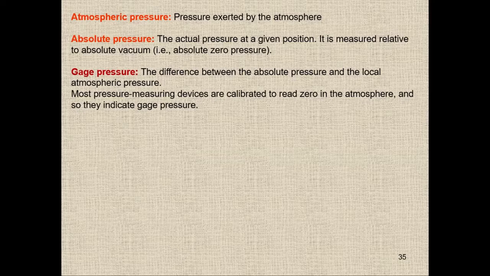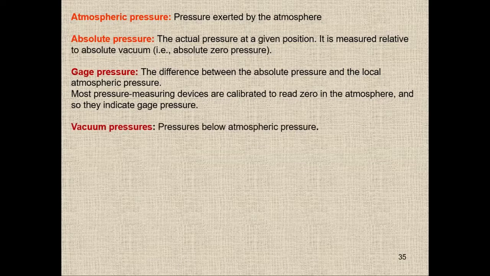So it's basically 0 gauge, not 0 absolute, because there is some atmospheric pressure as well. So actual pressure is basically atmospheric pressure plus gauge pressure. The pressure measuring devices will read the gauge pressure, so you have to add the atmospheric pressure to get the absolute pressure.